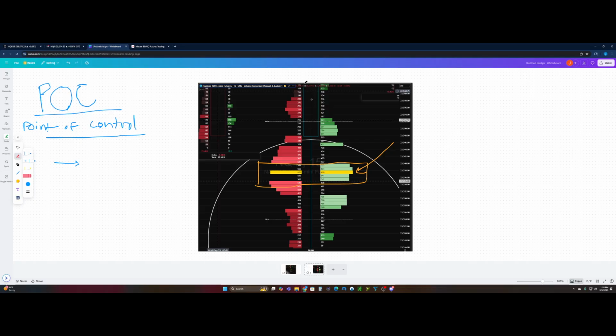Now, in this case, we are only analyzing a 15-minute candle, and this POC shown here in the gold is the level at which the most volume was traded, right? So it gives you a sense of where transactions are being made.